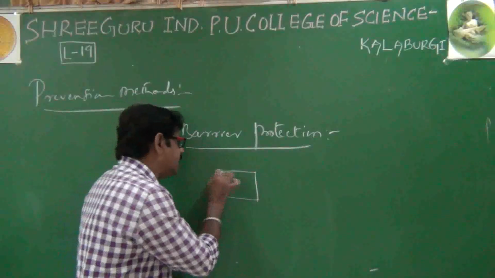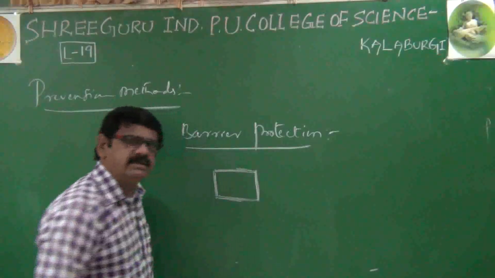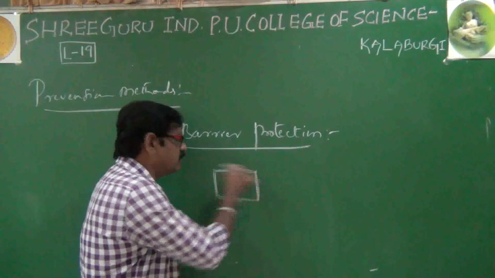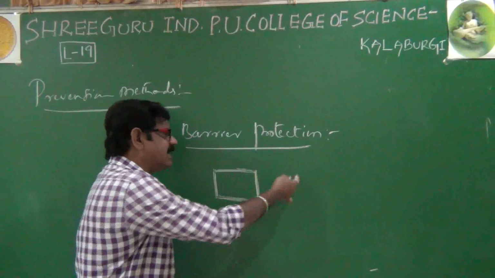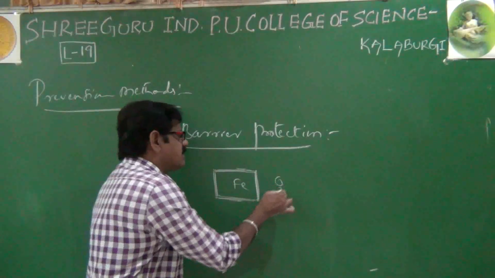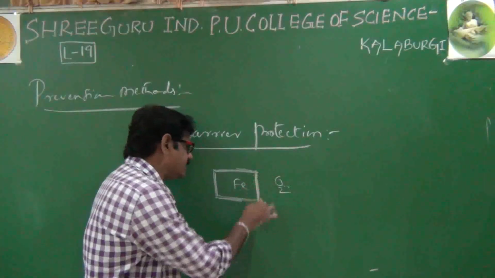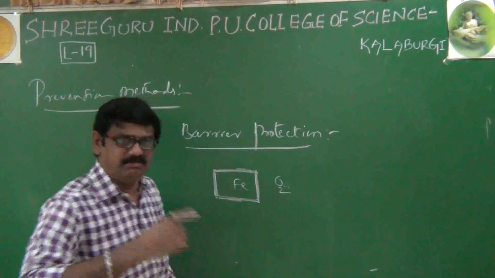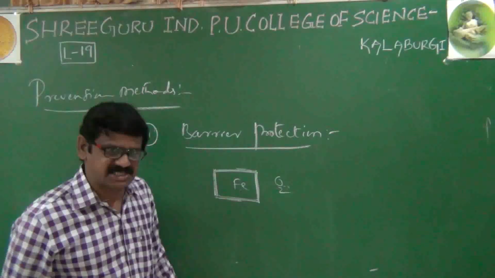For that purpose, we have to apply some coating on its surface, like paint, varnish, grease, etc. If you apply a coating, that coat will prevent direct contact between the metal and the environmental constituent. If it is iron and oxygen, there is now no direct contact between them. The paint or grease or varnish acts as a barrier between the metal and oxygen. It is called barrier protection.